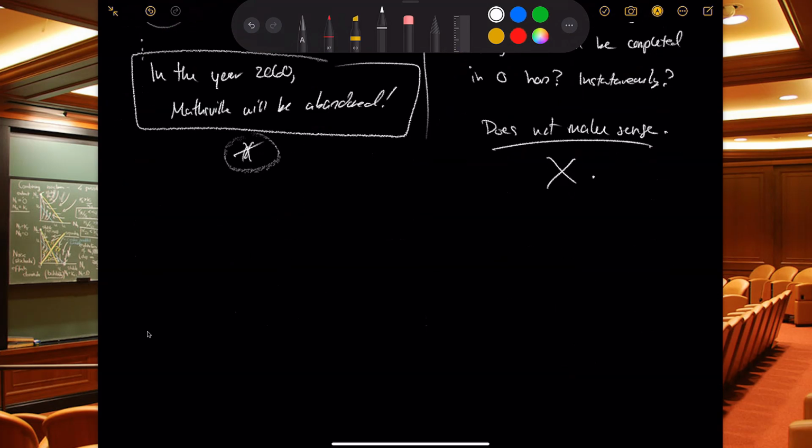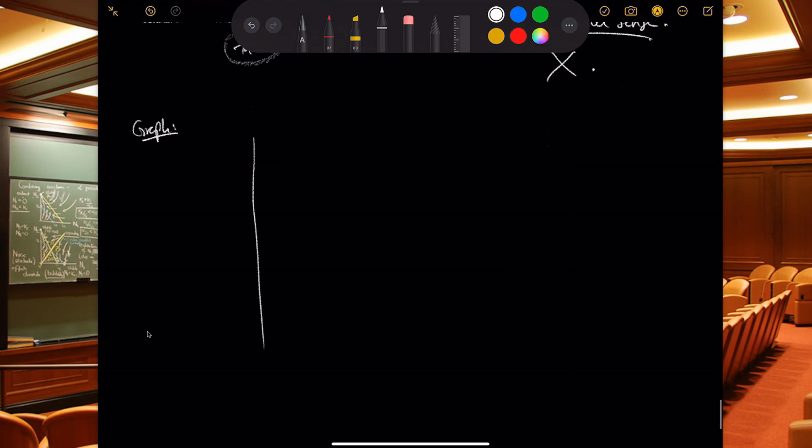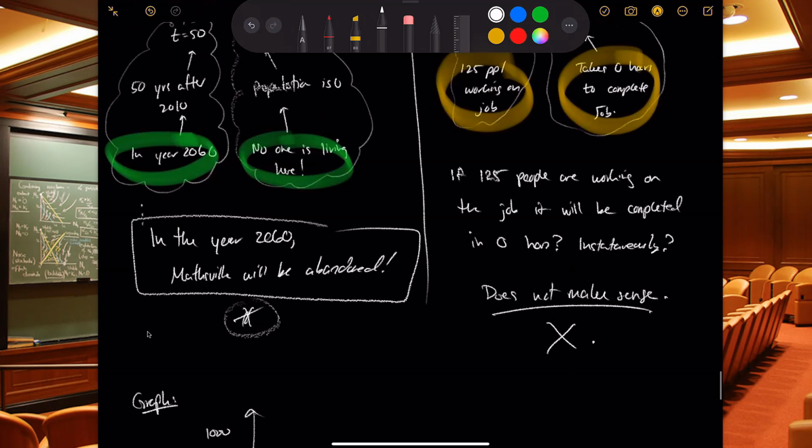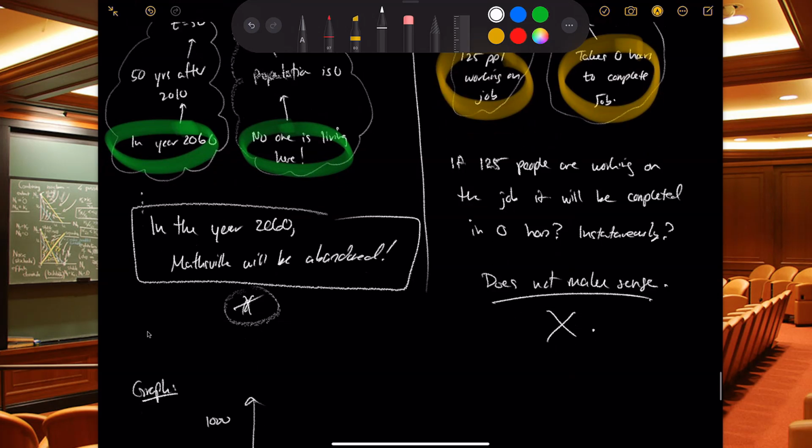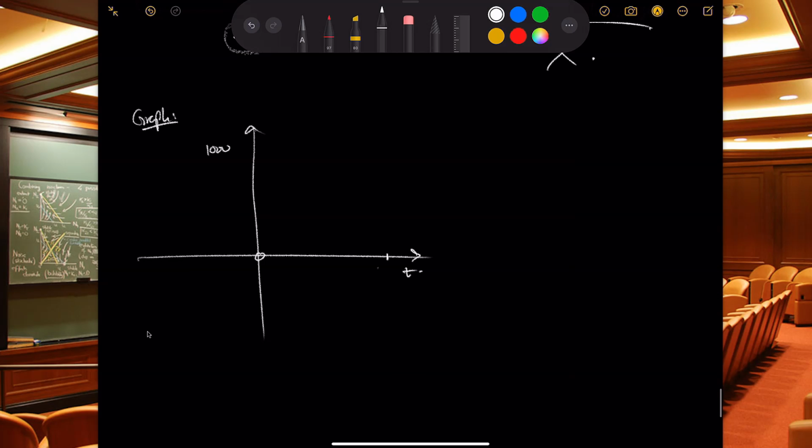And again, just to give you a graphical perspective, and we'll look more at this next time, how this first one would look: it starts at a population of 1,000 in 2010, on the t-axis, t equals 0. And then after 50 years, we know we're down here, and there's no one living here anymore.